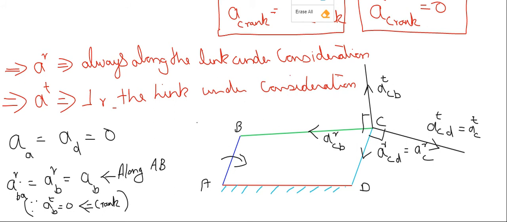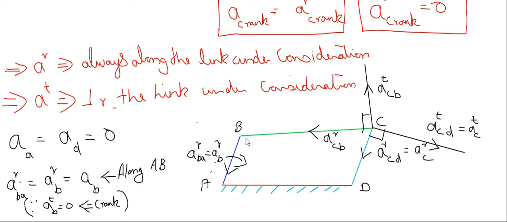How many accelerations did we get? We have one acceleration along this line itself, that is the radial acceleration of B, its true acceleration. So we can have ArBA or ArB.